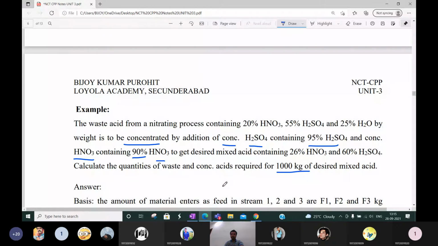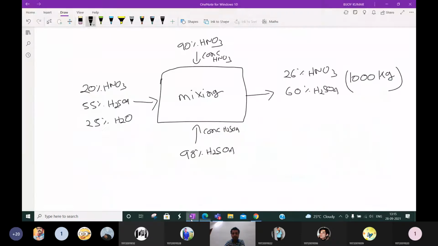We have to convert it into 26% HNO3 and 60% H2SO4. This is our desired product. How to do it? We have to add concentrated H2SO4 and concentrated HNO3. The concentrated H2SO4 has a composition of 95% H2SO4 and the concentrated HNO3 has 90% HNO3. And the product stream we want is 1000 kg.